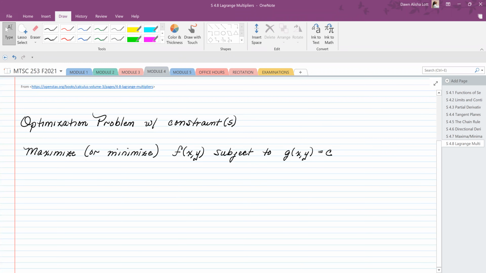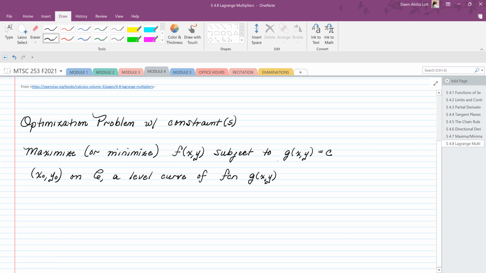The way we're going to look at this is we need to find the point x naught, y naught that is on C, which is a level curve of the function g of x, y.